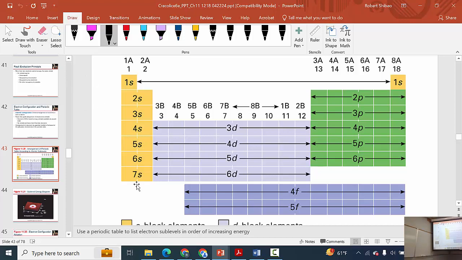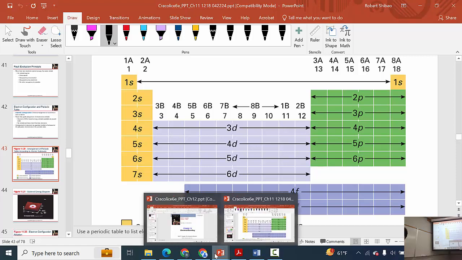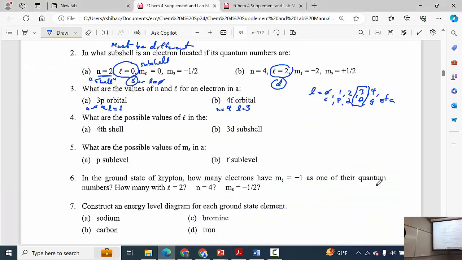And so we have 0, 1, and 2. In the 4th shell, 0, 1, and 2. Now, I don't like this particular question because it depends on the 4th shell. You know, is it the 4th shell of hydrogen, single electron, or the 4th shell of multi-electron? Because the 4th shell of a single electron is different than the 4th shell of a multi-electron.